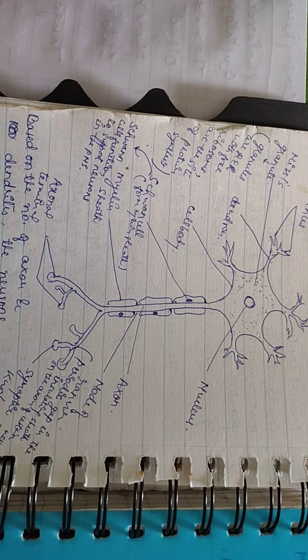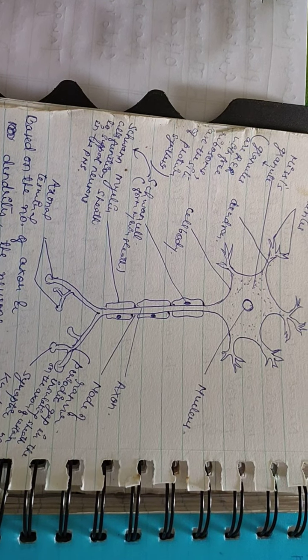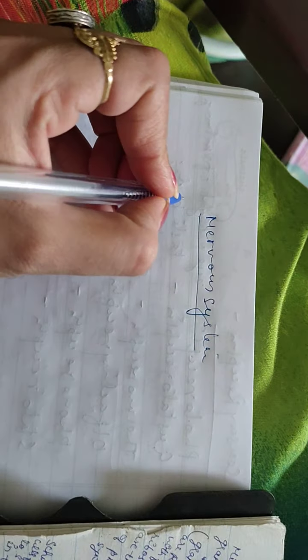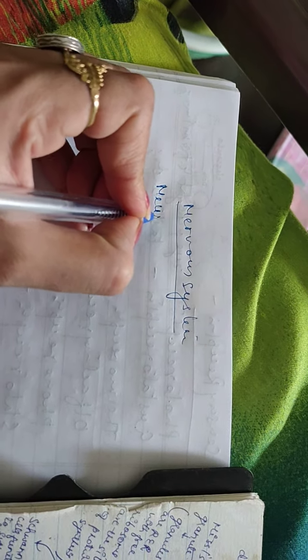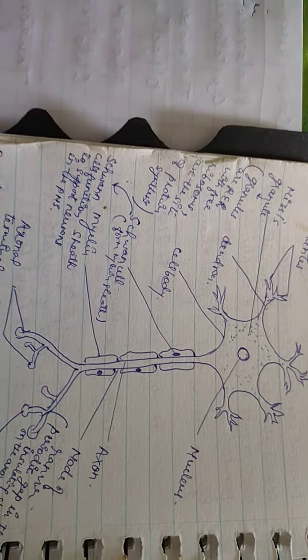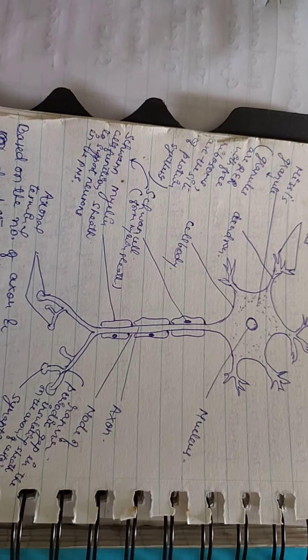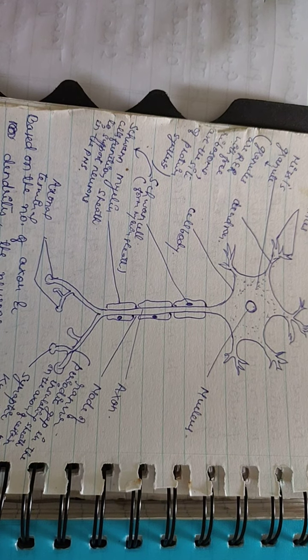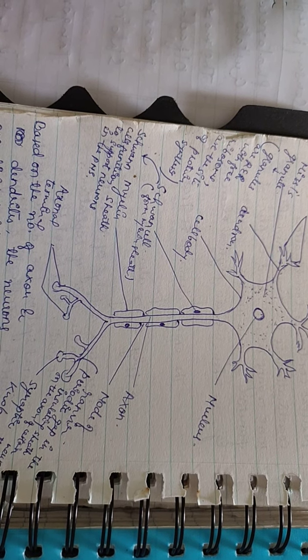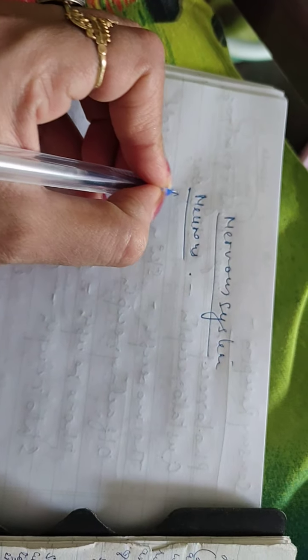Actually, the nervous system consists of specialized cells called neurons, and a neuron is the basic structural and functional unit of the nervous system. So neurons are commonly called nerve cells.